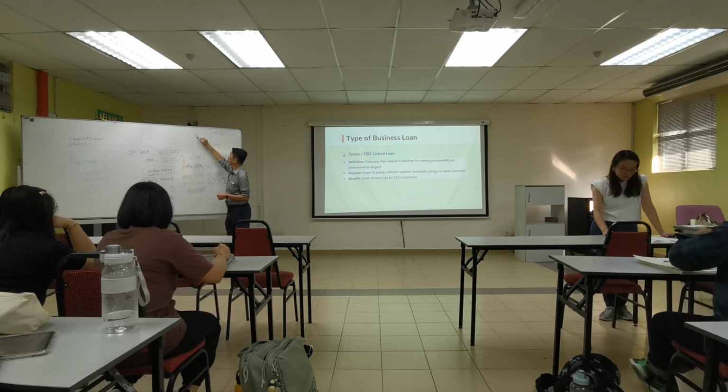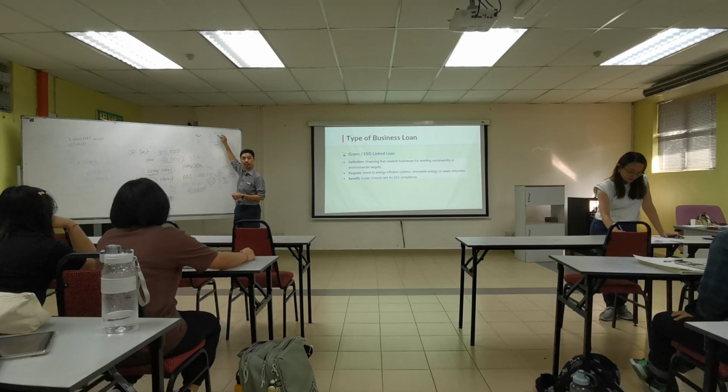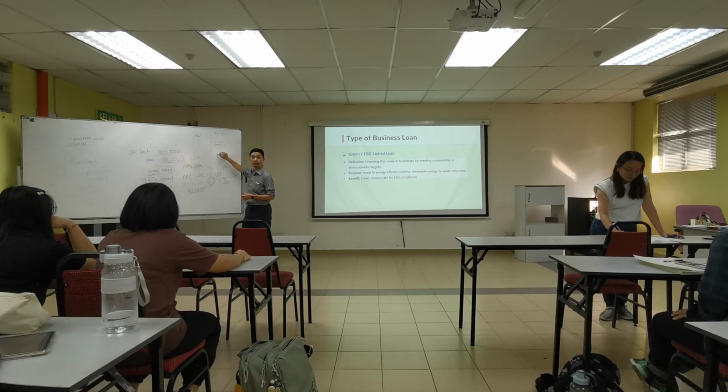Here is the asset. Where does the money come from? The money comes from the shareholder, from the profit, or from the bank by loaning. And then where you spend the money on: you buy a car, you buy a shop house or whatever. So the bank loan is a very important source of money.